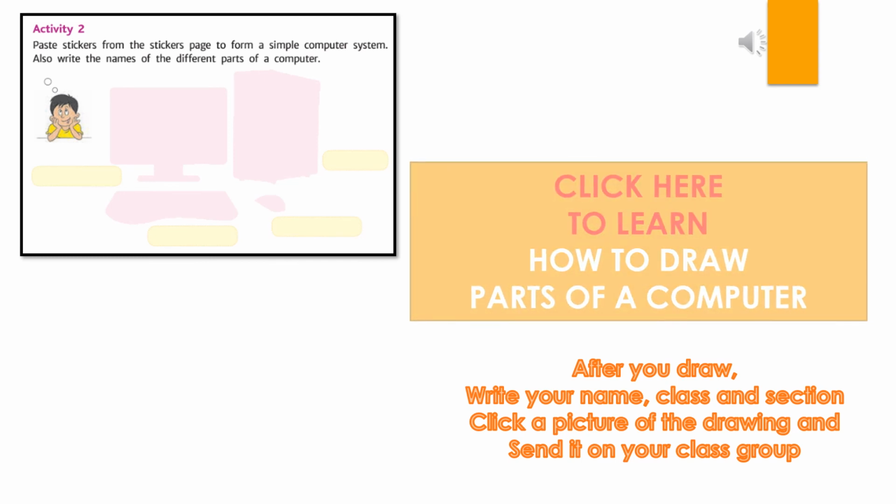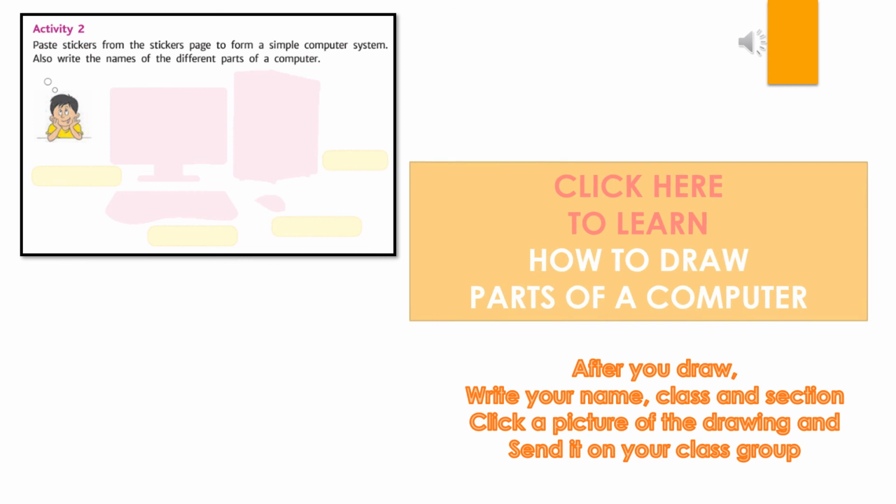Now let's do a fun activity. For those of you who have your book, you can do activity 2 after chapter 3, where you can paste stickers from the stickers page which you have in your book, and you can form a simple computer system and also write the names of the different parts of a computer.